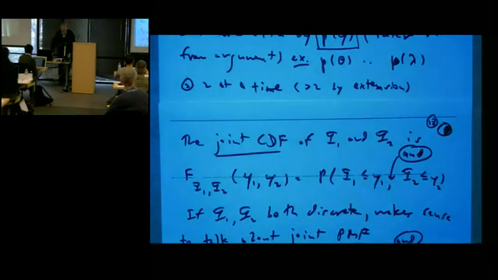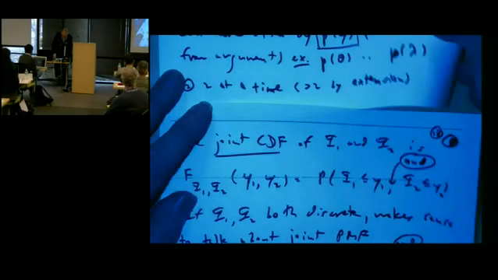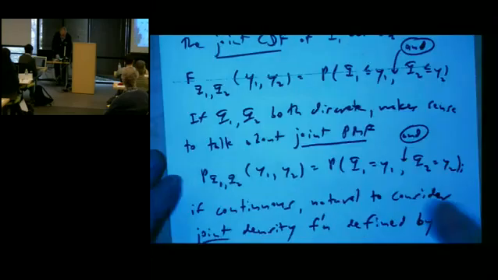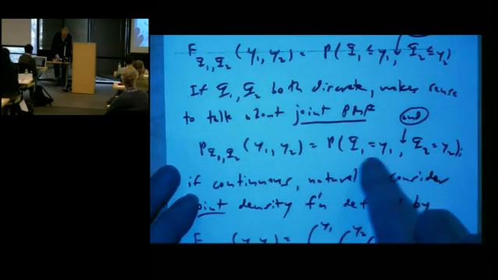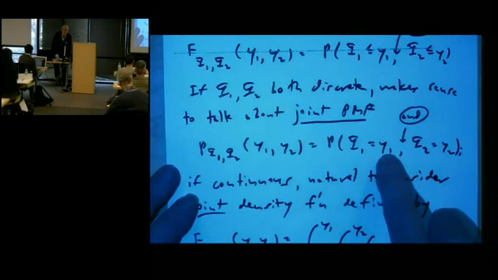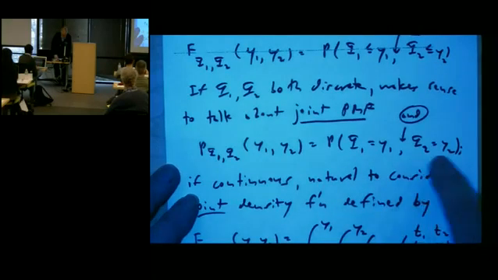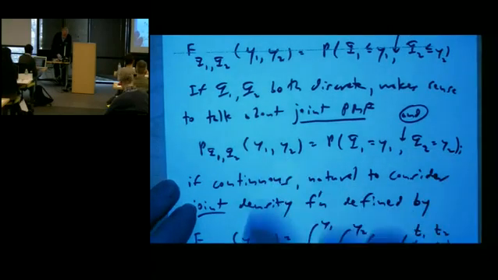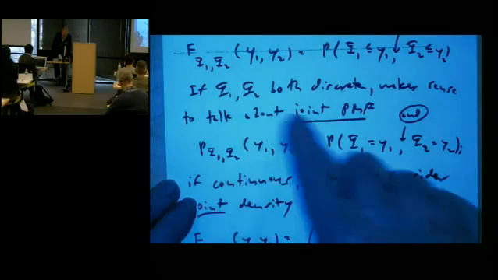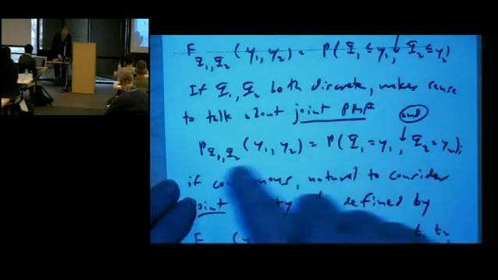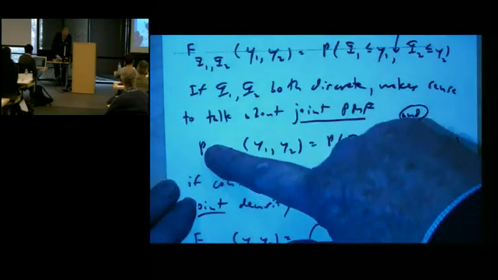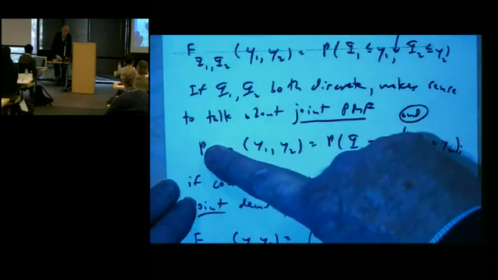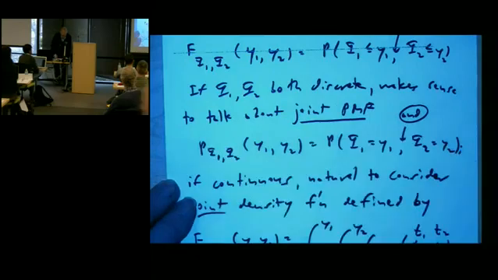If Y1 and Y2 are both discrete, it makes sense to talk about the joint probability mass function, because then we can talk about the chance that Y1 exactly equals the value little y1 and big Y2 exactly equals the value little y2. And so we'll call that the joint probability mass function, lowercase p, and as usual, like I said before, with the slight notational abuse, we often don't write down the random variable names.